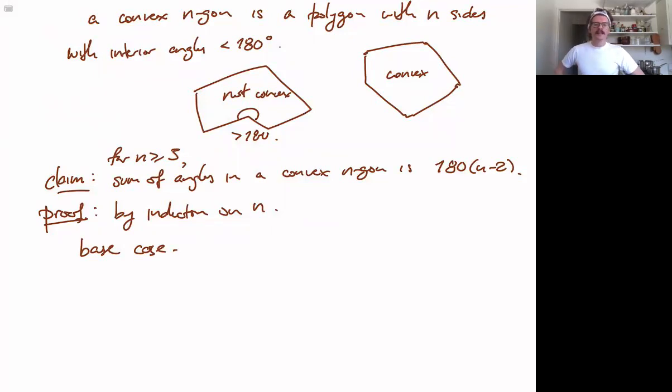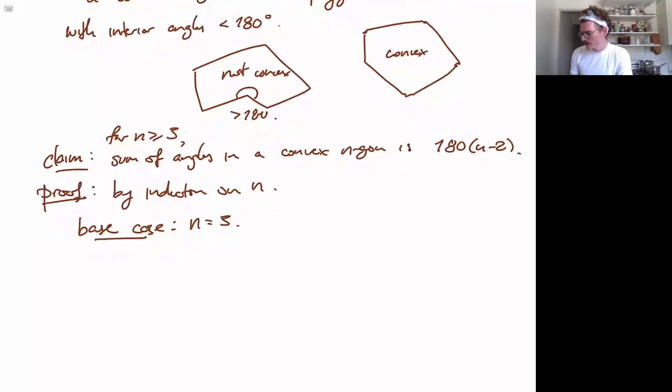Maybe you didn't need to say this because the smallest an n-gon can be is 3 sides. If you have 2 sides, you can't really make anything with that. So the base case is n equals 3. This is just the original statement, that the angles of a triangle add up to 180 degrees. But let's prove this real fast, just for fun.